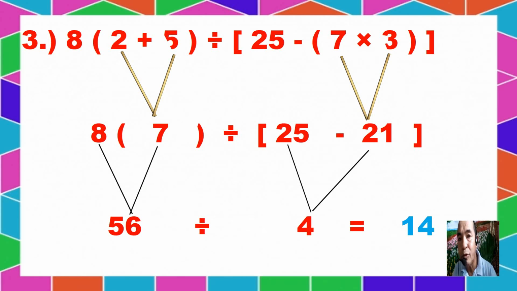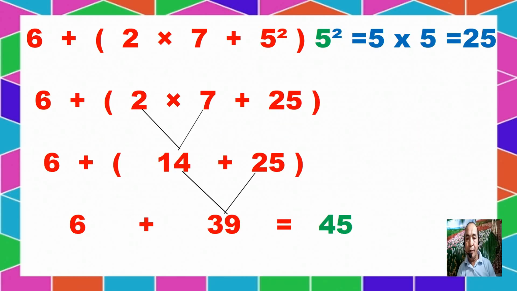So, we will perform 25 minus 21. Result is 4. So, again, we will multiply 8 by 7. We have 56. So, the remaining operation is 56 divided by 4. Dividing 56 by 4, the result is 14. So, this is now the value of the mathematical expression.